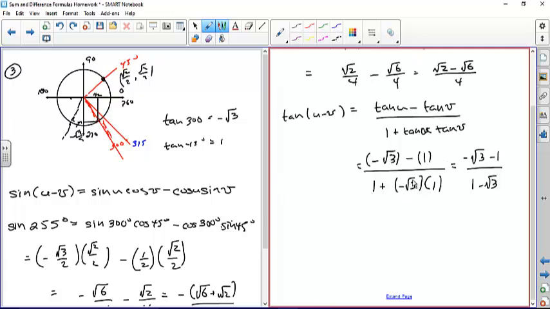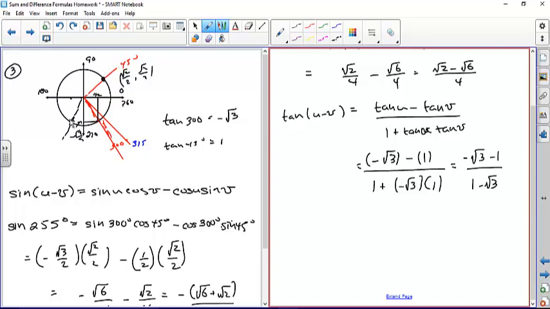And we could check it out on our calculator because we could do the tangent of 255 if we want to. Let's just check it out and then we'll simplify it. So you get minus the square root of 3 minus 1 divided by 1 minus the square root of 3.